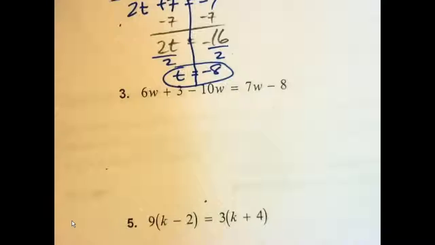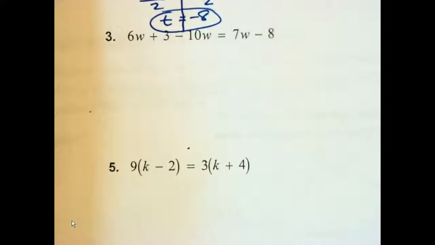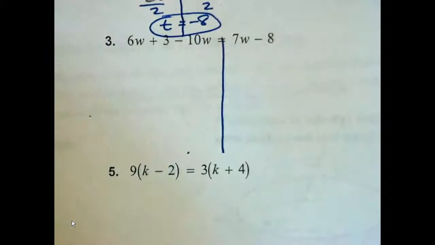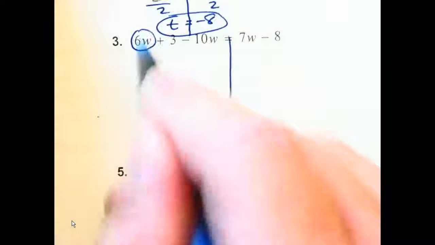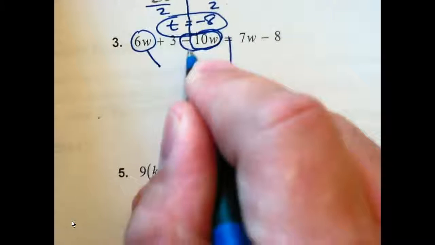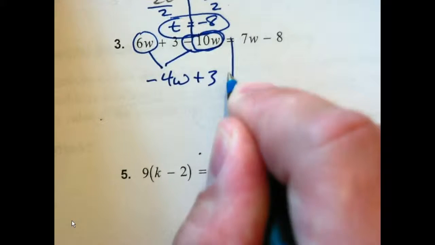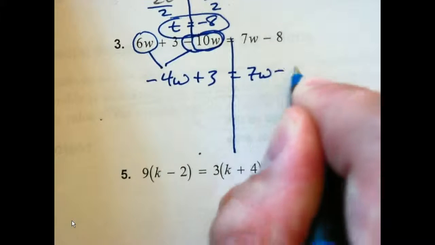All right, tell your neighbor what you got on number 3. Okay, combining like terms, 6 minus 10w is negative 4w, plus 3 equals 7w minus 8.